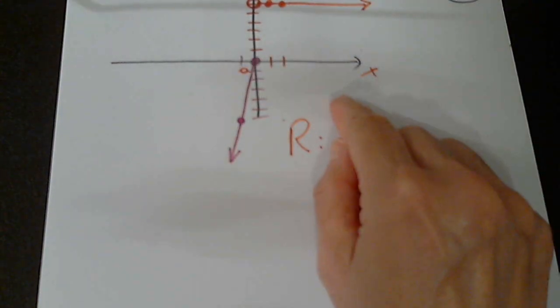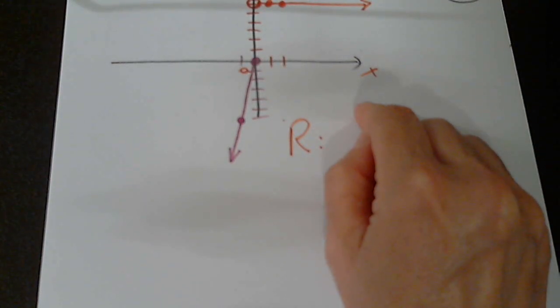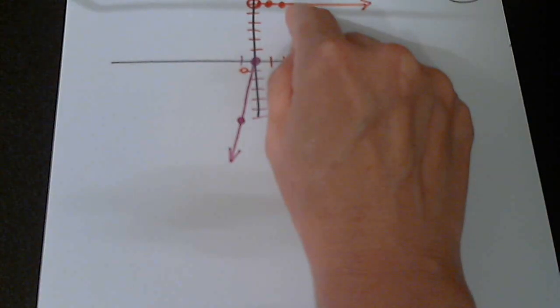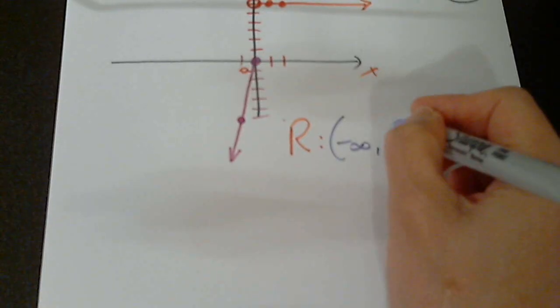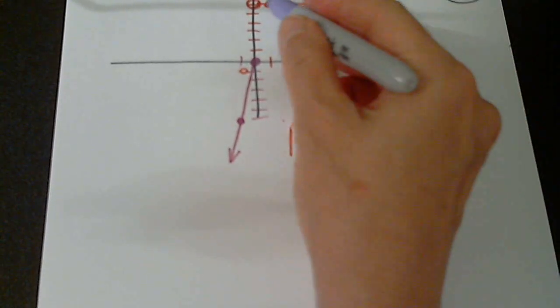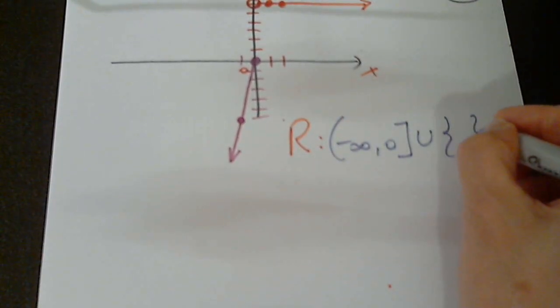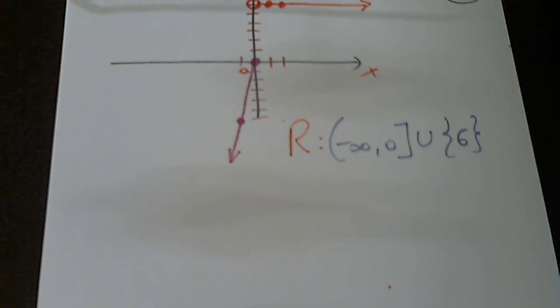Yes. Union 6. Indeed. Negative infinity, 0 with a bracket. Union just 6 with braces. One element. Very good. Perfect.